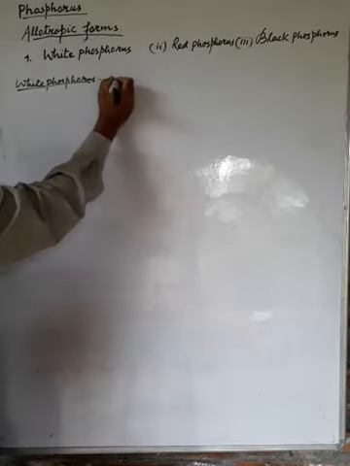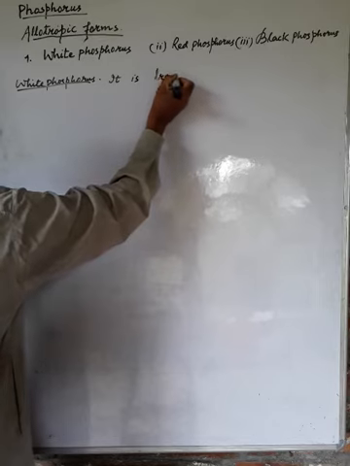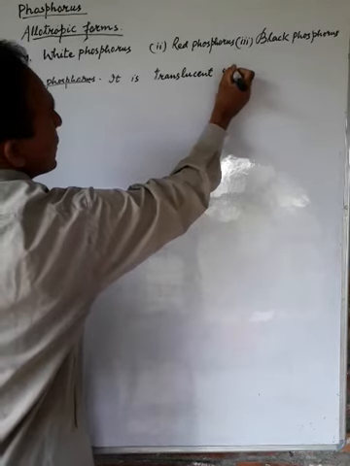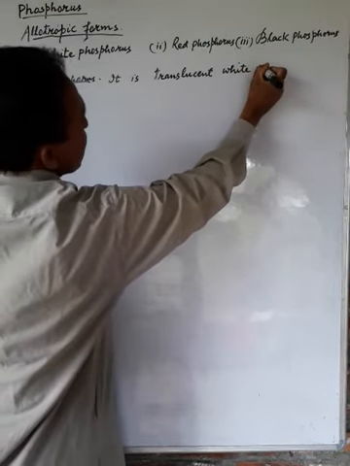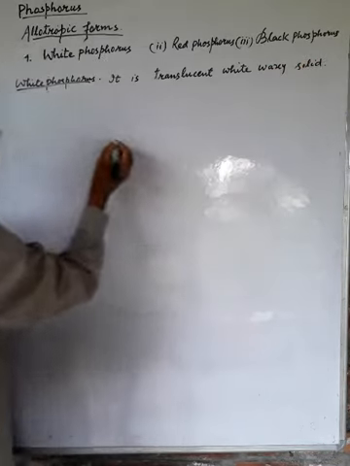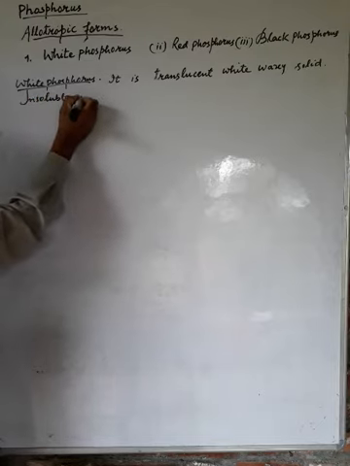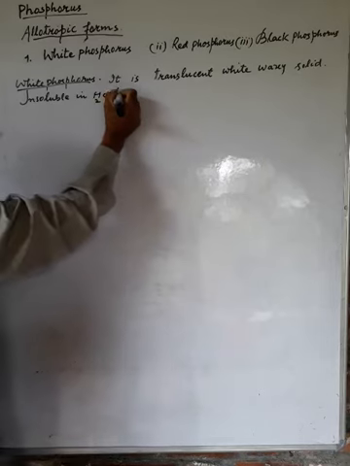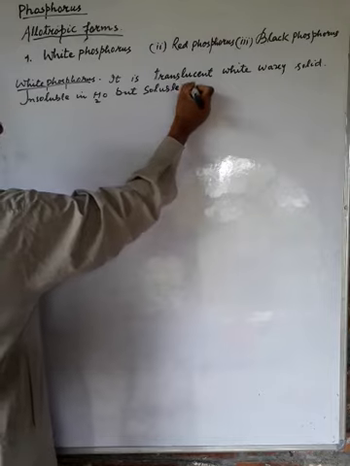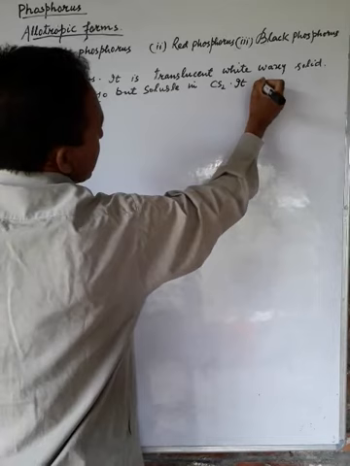White phosphorus is a translucent, white, waxy solid, insoluble in water, but soluble in carbon disulfide. It's poisonous in nature.